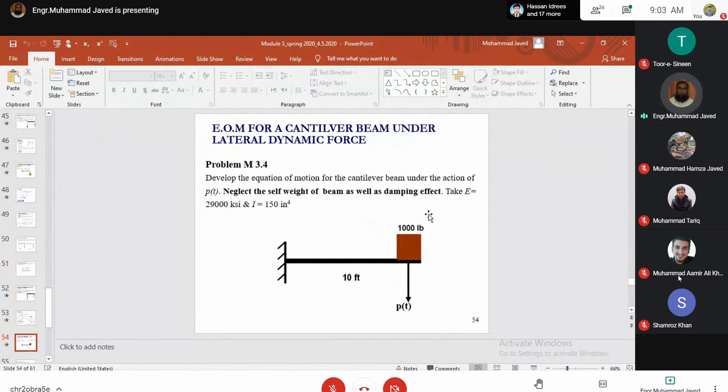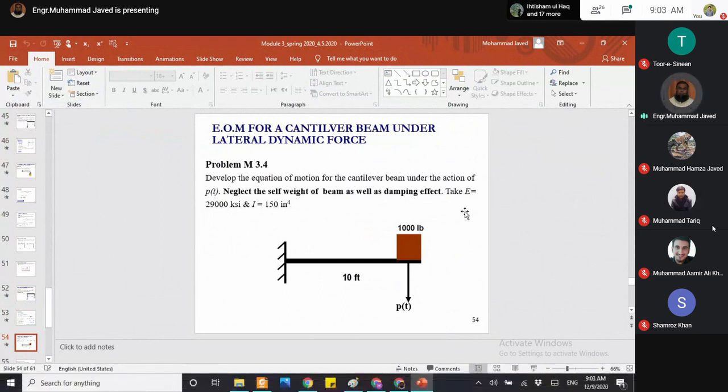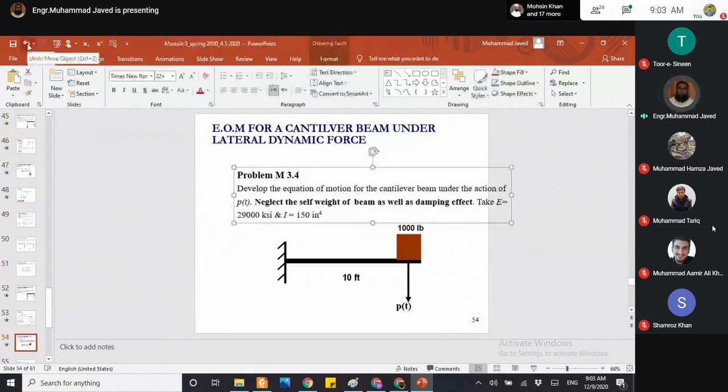Neglect the self-weight of beam and damping effect, and take E is equal to 29,000 ksi and I is equal to 150 inch 4.